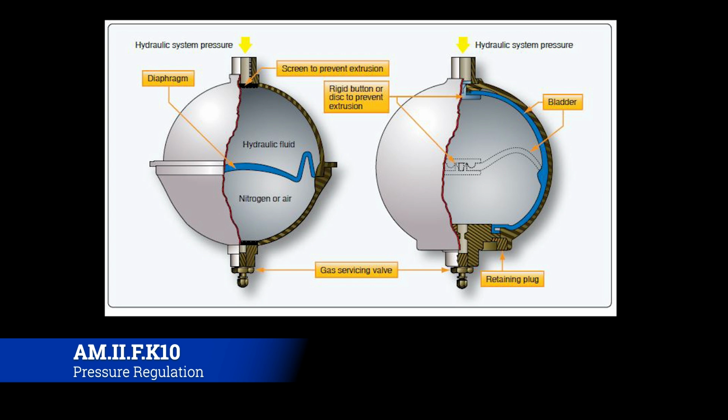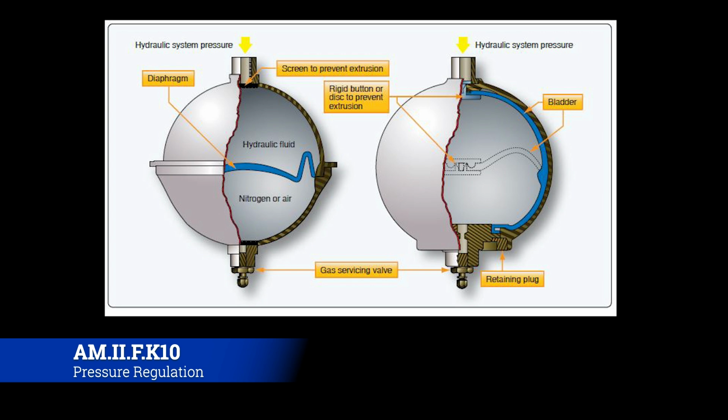Whenever hydraulic pressure is needed, it comes from the accumulator, and it'll inject into the system. Now the pump is steadily pumping and moving fluid back into it, and whatever device is pressurizing that nitrogen or air is steadily repressurizing the fluid as it comes in. And so you have a constant source of pressure from the accumulator.